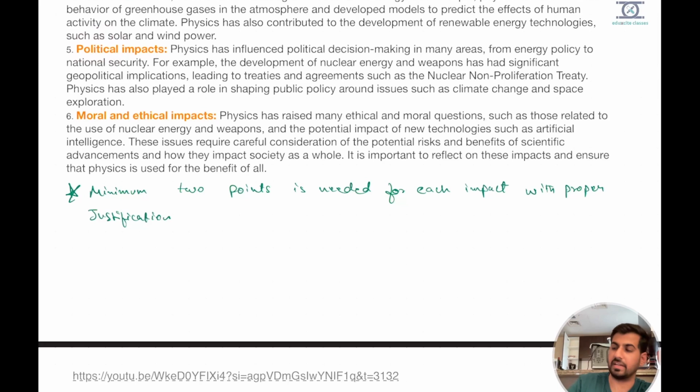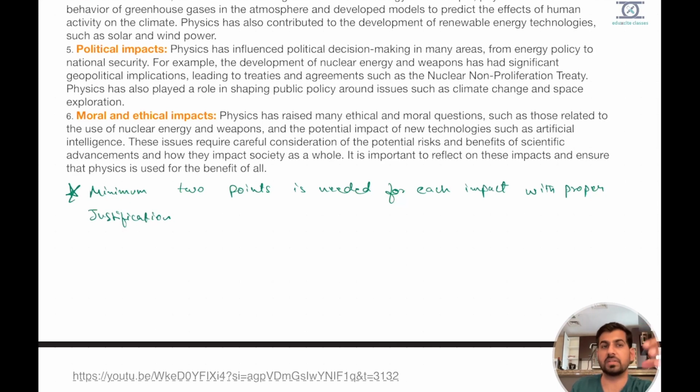Then comes the political impact. Now this is very less, but basically they ask you if a decision made in a particular area or a nation is affecting the policies or the political scenario, like the relations with your neighboring countries, the relations with your global partners.